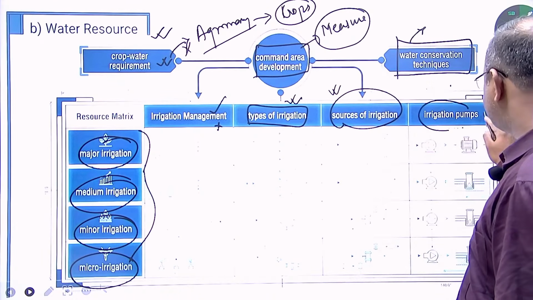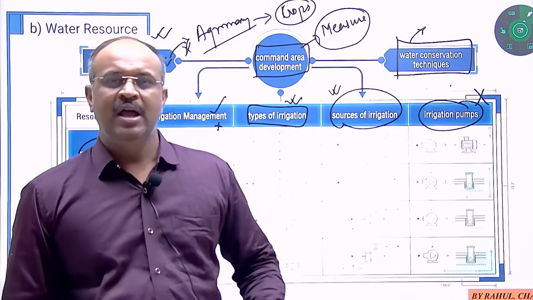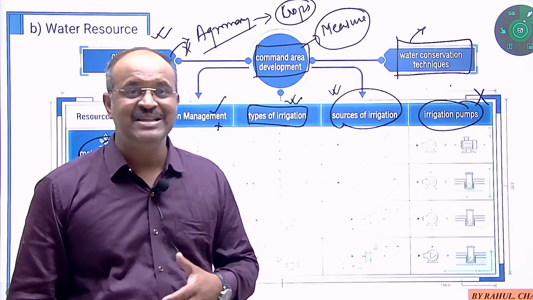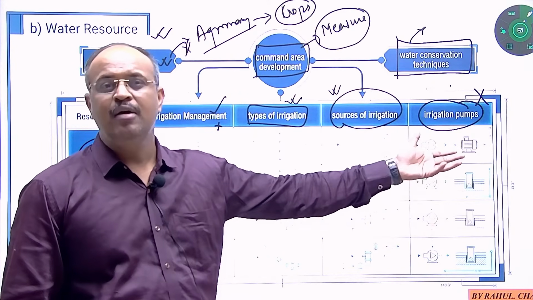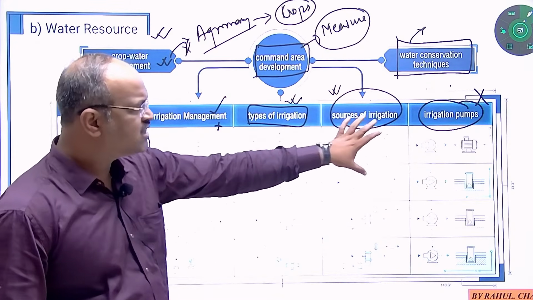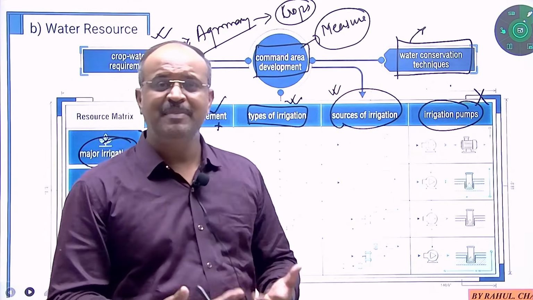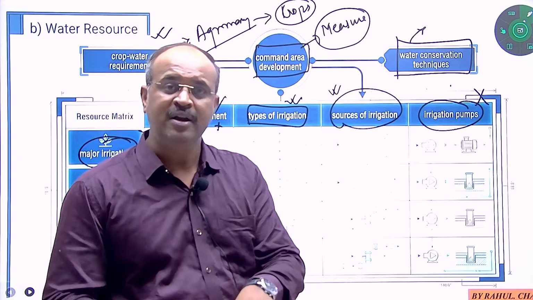And irrigation pumps, not at all important, because NABARD won't be asking you such difficult, or technical, questions based on irrigation pumps, the types of different pumps used for irrigation purposes. They won't ask you that, but sources of irrigation they can ask you. It may be the tank, the bore well, the wells, or canal irrigation. They can ask you, but again not important.